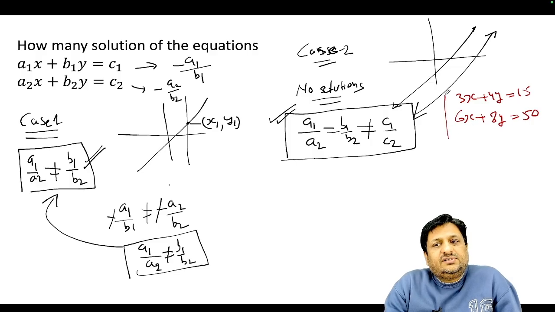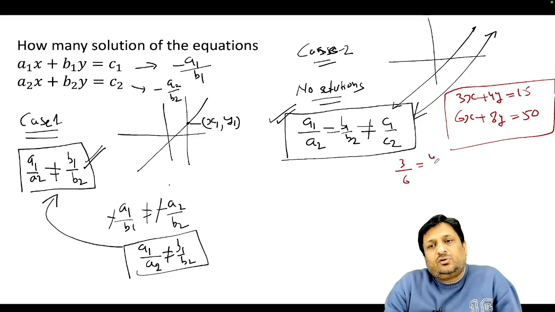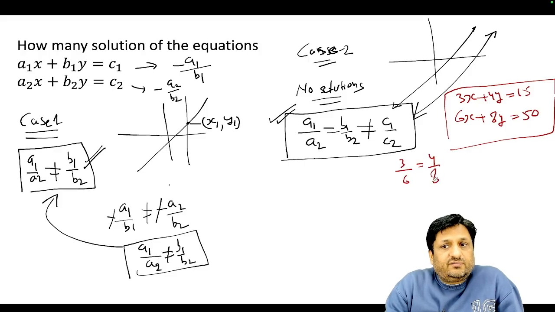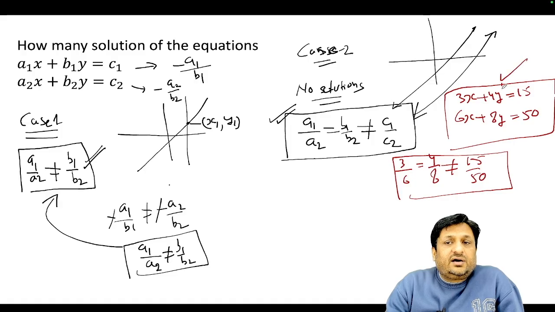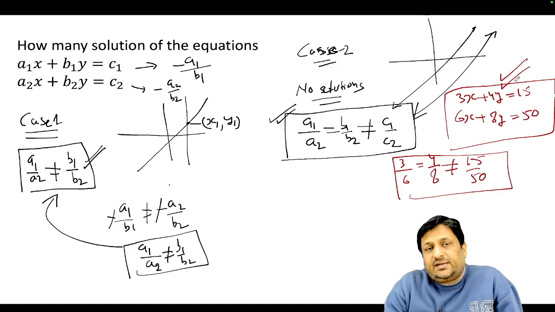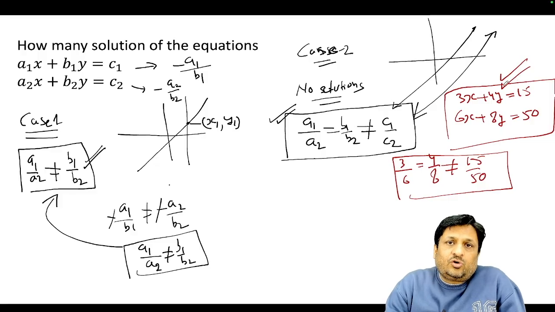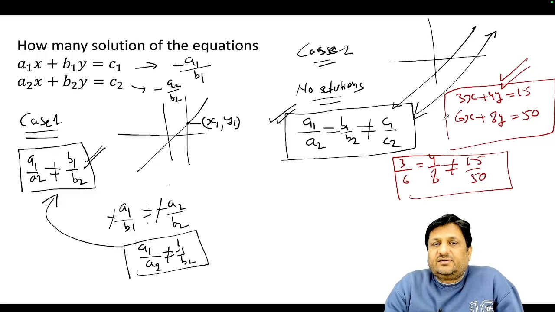You can easily see that a1 upon a2, the ratio of the coefficients of x, is 3 by 6, which is 1 by 2, and is equal to 4 by 8, the ratio of the coefficients of y, but it is not equal to the ratio of the constant terms. So when we plot these two lines on the graph, they will make parallel lines and will have no solution. No common point of x and y will satisfy both equations.